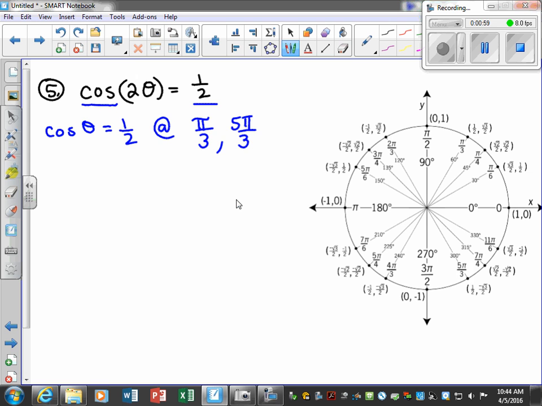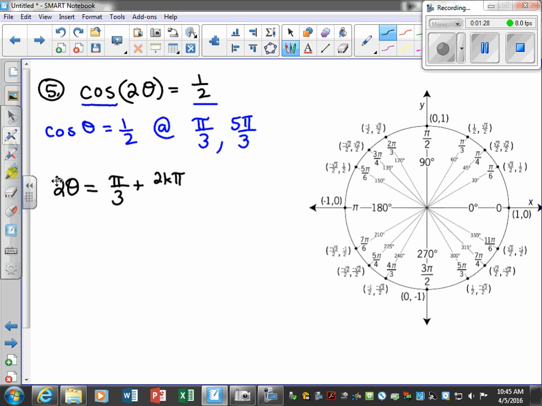Alright, so now we also have to have the multiples of that. If I went all the way around 2 pi, it puts me back in that same location where the cosine value is 1/2, so we want to account for that as well. First, 2 theta is equal to pi over 3 plus 2k pi to account for those multiples.